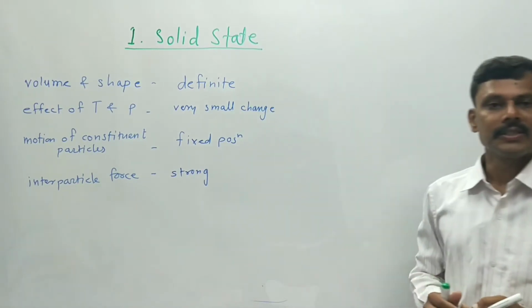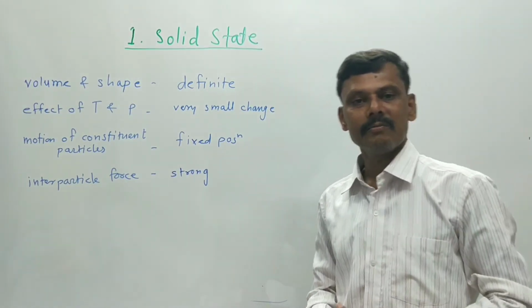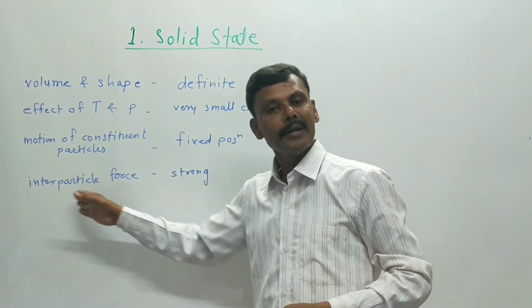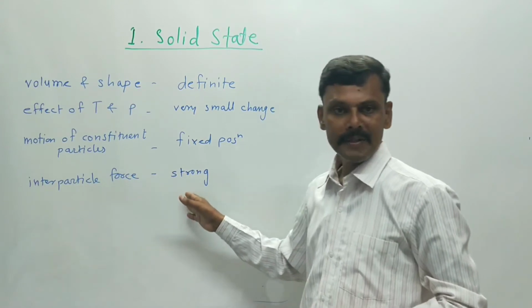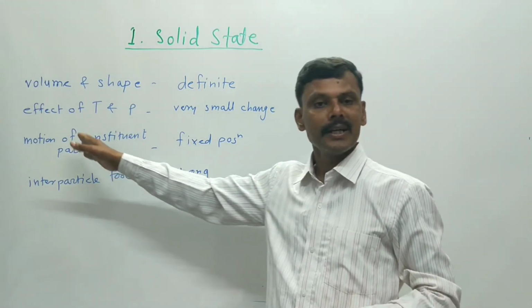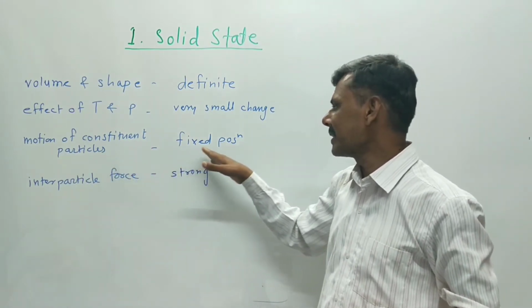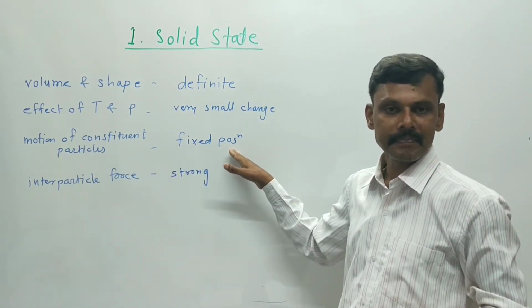So these are some characteristic points of solid. In case of solid, interparticle forces are stronger, hence their movement or motion is restricted, and these constituent particles occupy a fixed position.